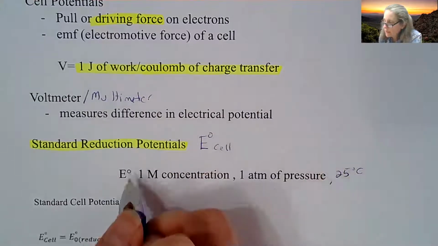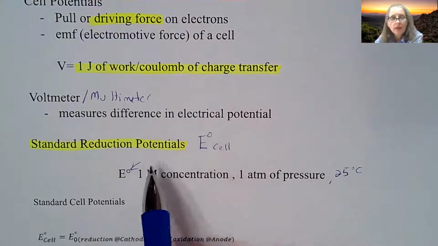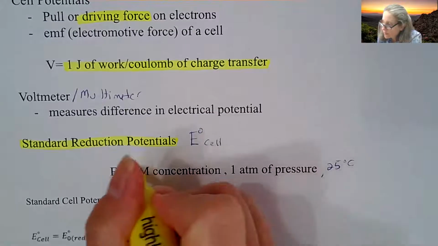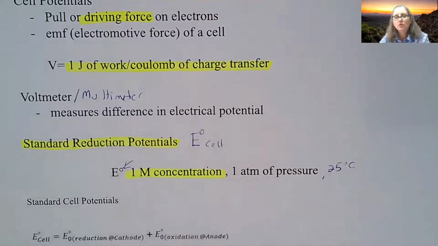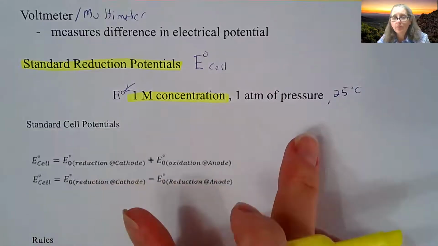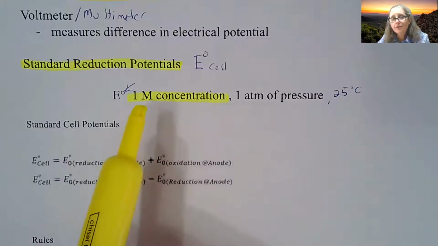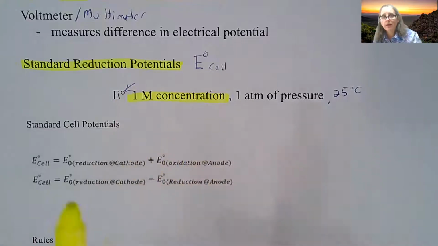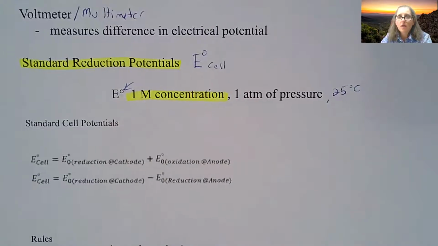Again, the little degree sign, capital E degree sign, means we are at 1 molar concentration, 1 atmosphere of pressure, and 25 degrees Celsius. That has been our standard temperature and pressure for a while. What is different now is the 1 molar concentration. And we will talk a little bit later on about what we need to consider if we're not at 1 molar.